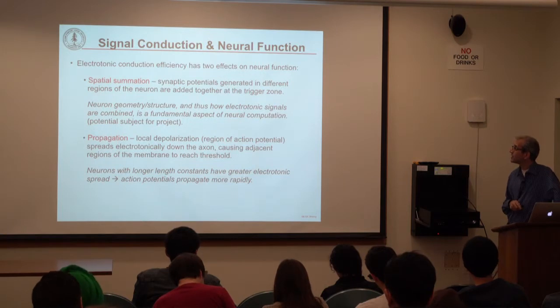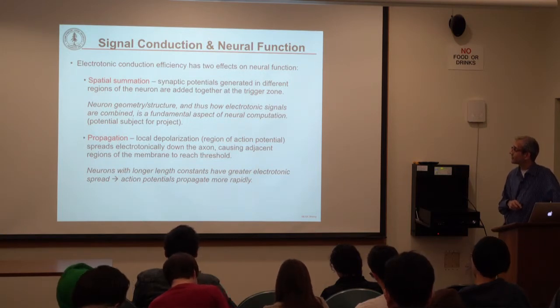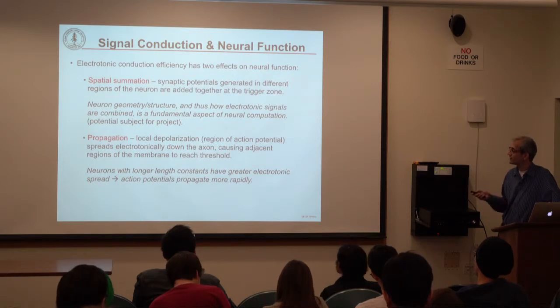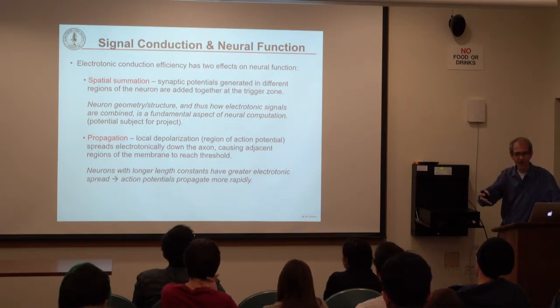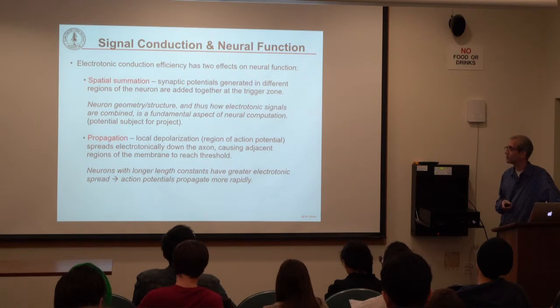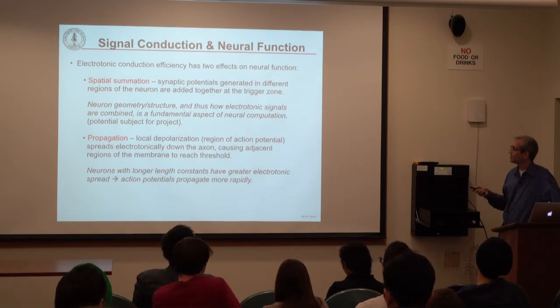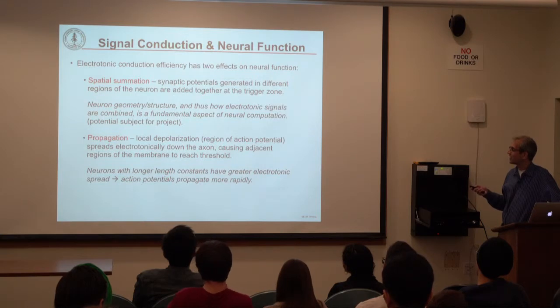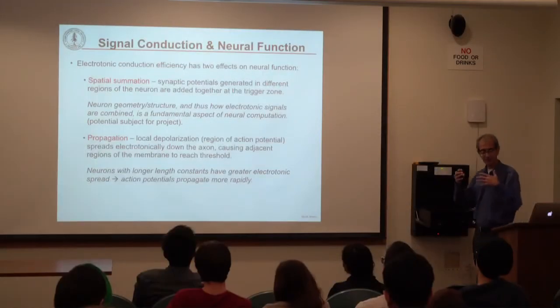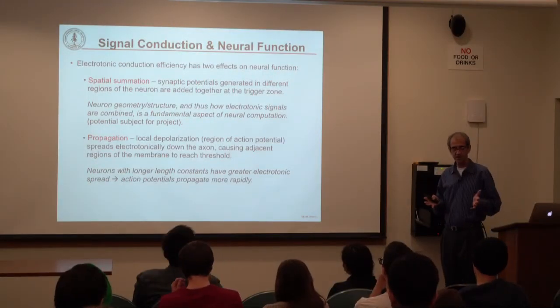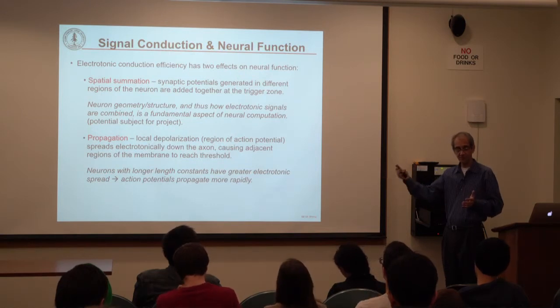So, signal conduction and neural function. This electrotonic conduction efficiency has two effects. The first is spatial summation. We've already foreshadowed all this, hopefully developed a lot of the intuition. Where synaptic potentials are generated in different regions of the neuron and added together at the trigger zone. Remember, we were talking that we want to, in the neuron, take in multiple inputs.